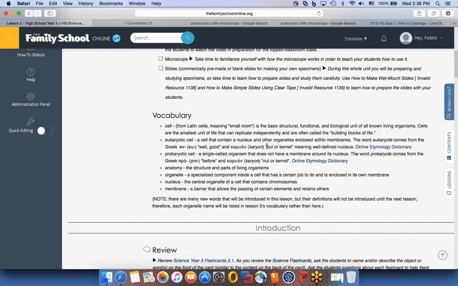So there we have how the word eukaryote means well-defined kernel. And prokaryote, so pro is the preposition to indicate something that is before, or anterior, or without in this case. Before the nut, the kernel, was developed, these cells were there.